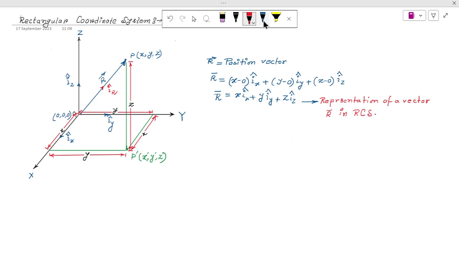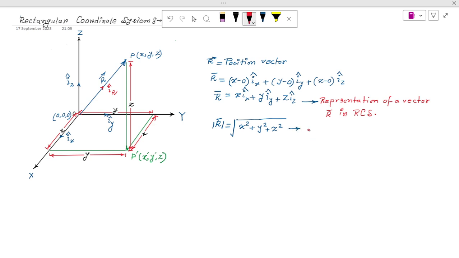This is the presentation. Now what will be the modulus? We need to calculate the modulus. You have to take each component as a square and add up. Afterwards the addition value you have to root. This is the mod value.